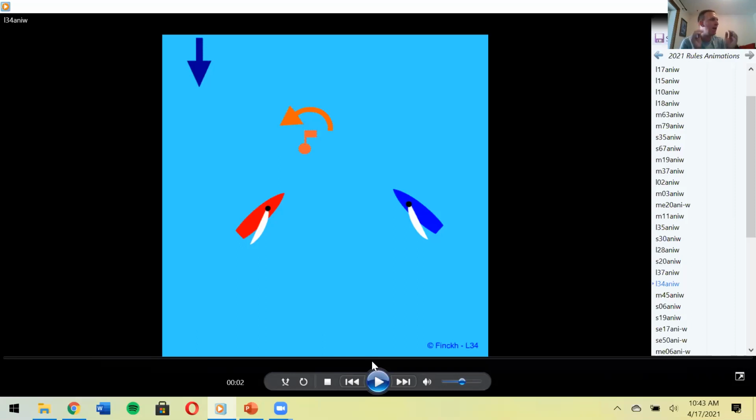And because they're not on the same tack, they're not considered overlapped. And so red is on port, red needs to keep clear of blue. So this happens, red's on the port lay line, sailing into the mark. If red tacks inside the zone, inside the three boat length circle, red doesn't have mark room and needs to keep clear of blue.